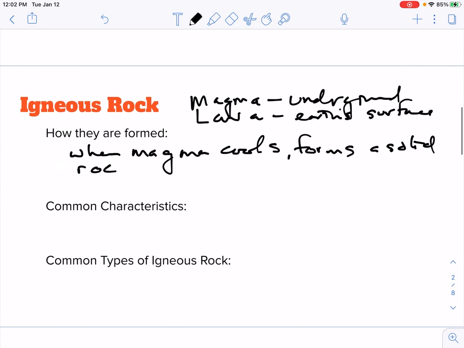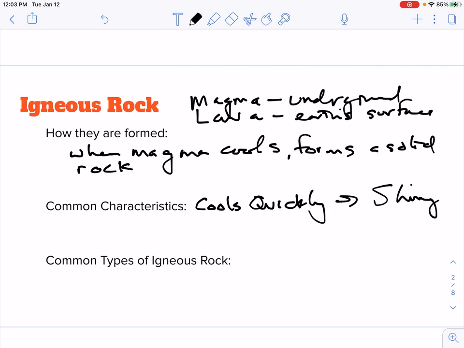Sorry about the glitching there. Like I said, this can happen both above and below the surface. Some common characteristics of this: if it cools quickly, it can be very shiny and glassy.